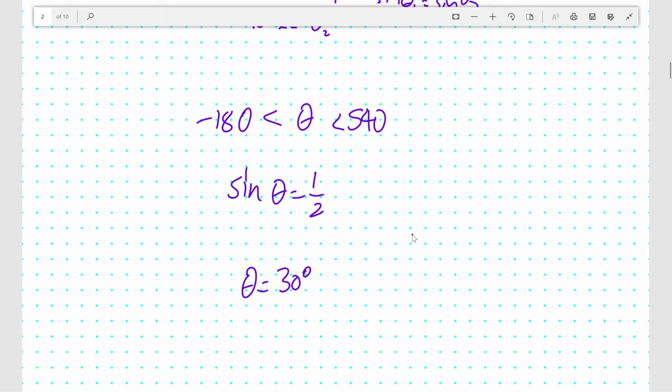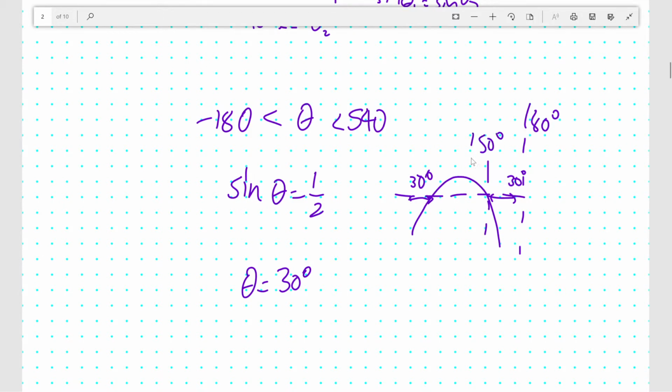So you have your hump here of the graph, and this distance is going to be 30 degrees. And then this distance here is also going to be 30 degrees at the line of a half. And this is 30 degrees from 180 on the left side, so this is obviously going to be 150 degrees. So theta could also be 150 degrees.